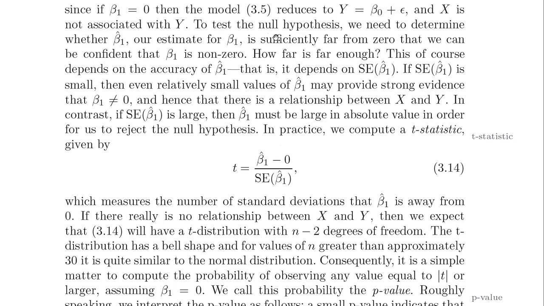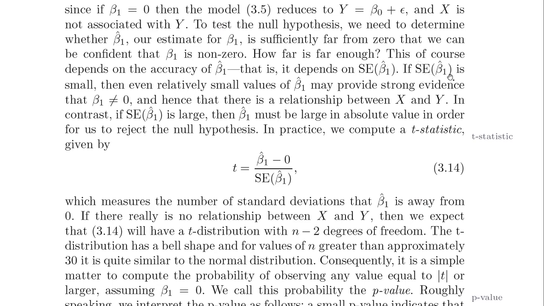Okay, now notice these are things that we should be picking up on. As soon as you see something like sufficiently far, that means nothing. It's extremely subjective, but we're going to codify it mathematically. Well, this of course depends on the accuracy of beta 1 hat. That is, it depends on the standard error of beta 1 hat.